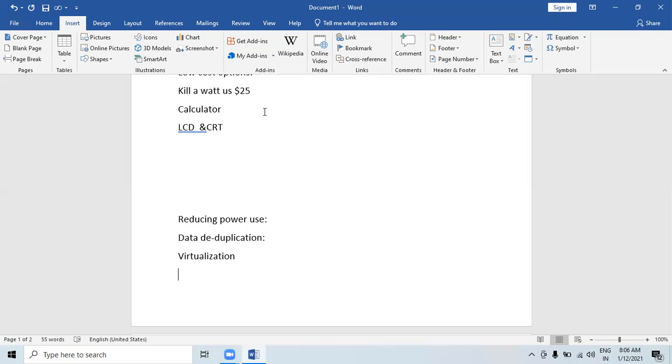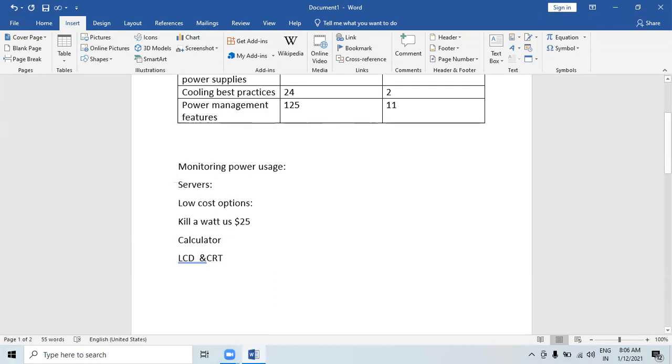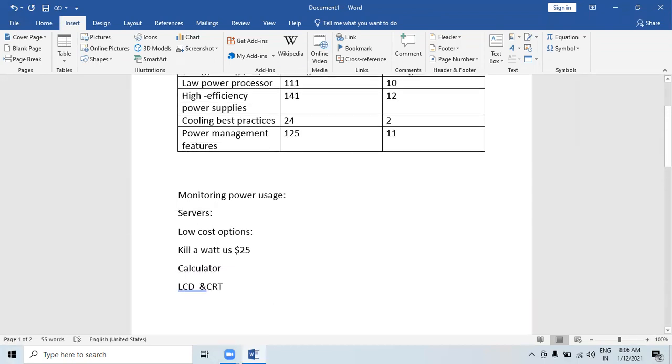So here we see how to minimize power use. When you minimize the use of power, you can save your environment, right? Because more power use has a bad impact on our environment.